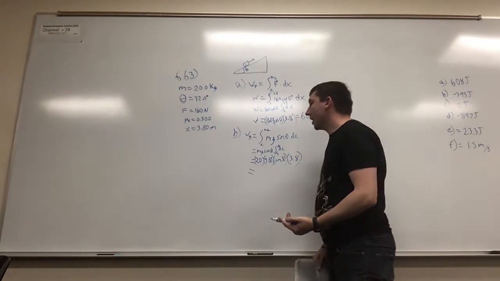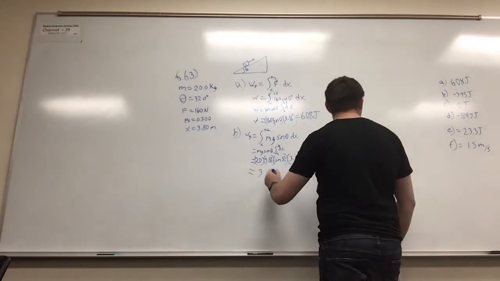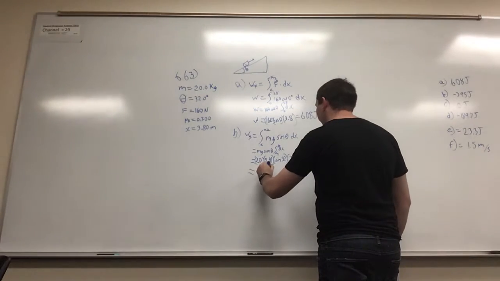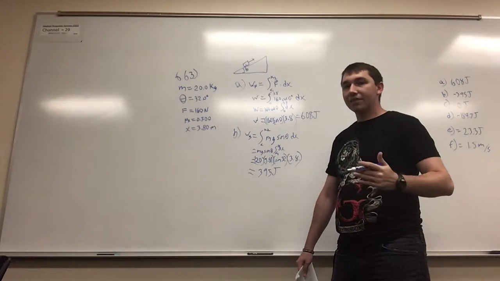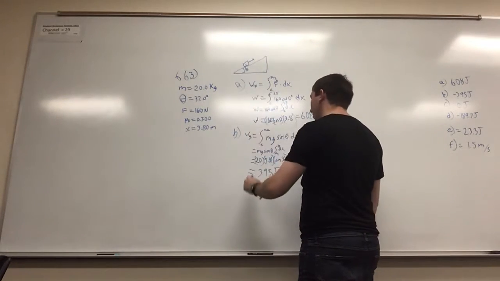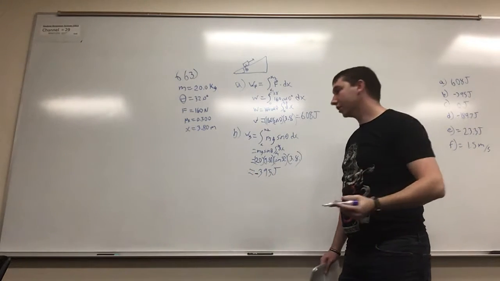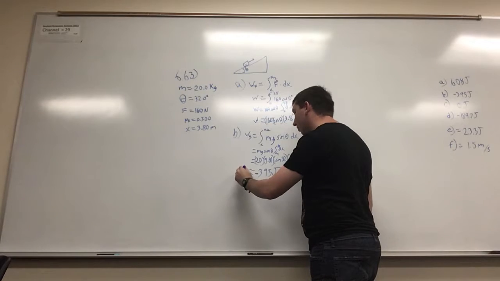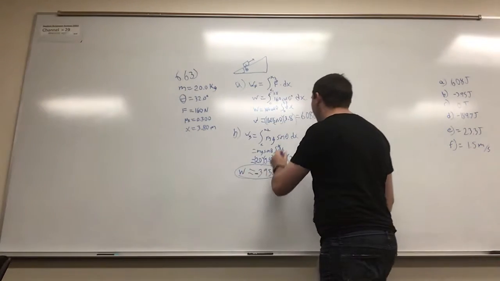And then when you do the math, that comes out to 395 joules. But gravity is going to be working opposite the direction that the suitcase is traveling, so that's going to be negative work. And so that's your answer for part B.